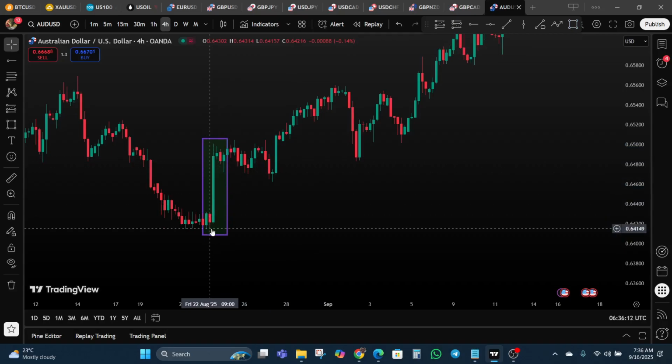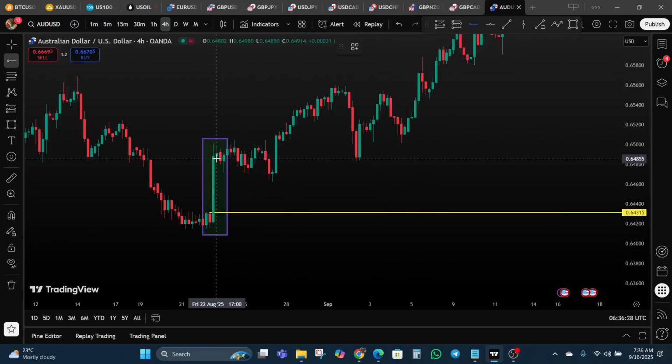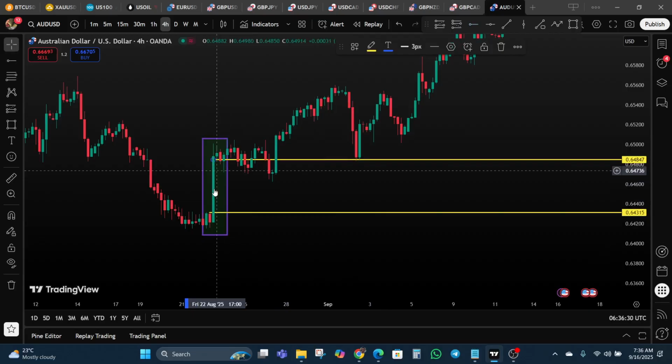Look at how the candle pushed upward with strong momentum, leaving a gap, an imbalance between the first candle's high and the third candle's low. So that created an imbalance here.